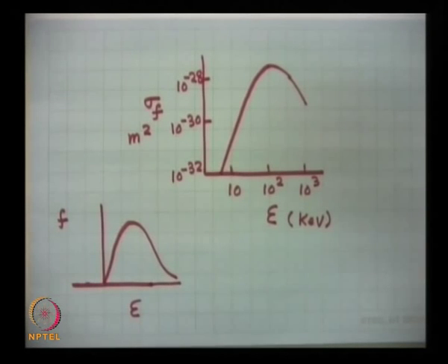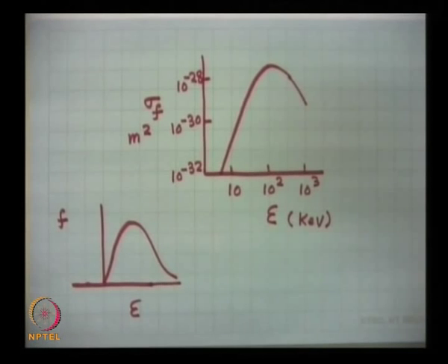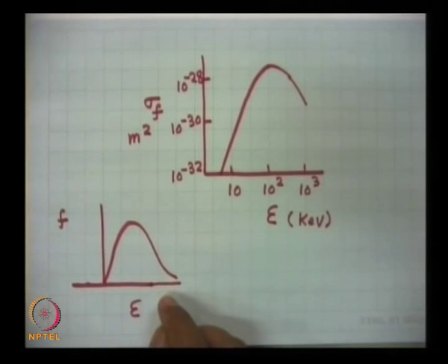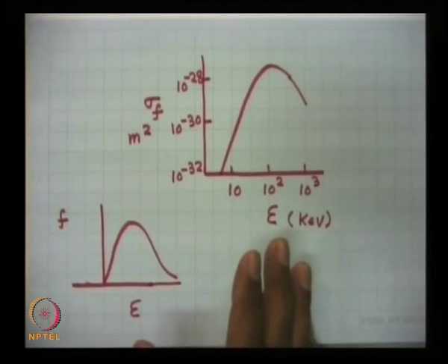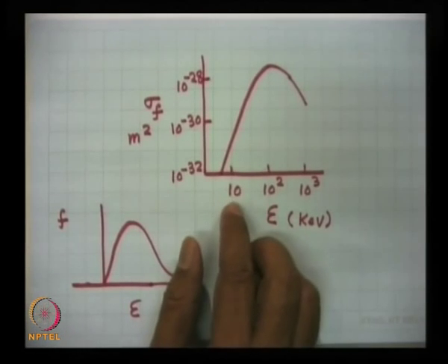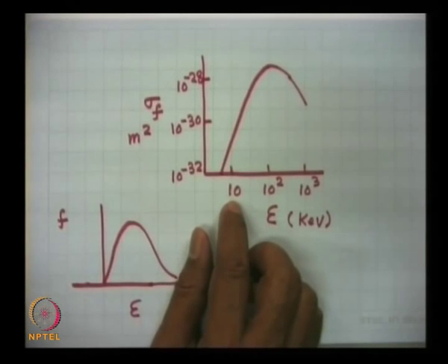So even if the average energy at which f peaks could be around 10 keV, the number of ions with 20 or 30 keV energy are also quite substantial, and then they can cause thermonuclear fusion. But 10 keV certainly is some sort of a guideline that one should aim to achieve.